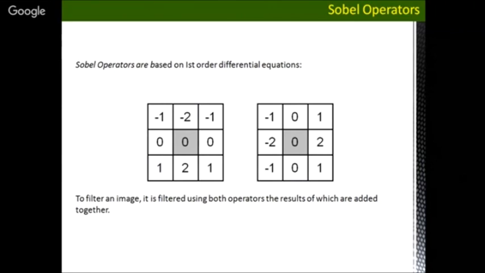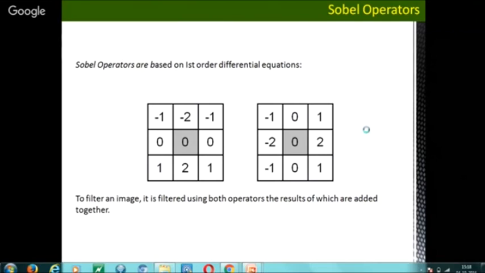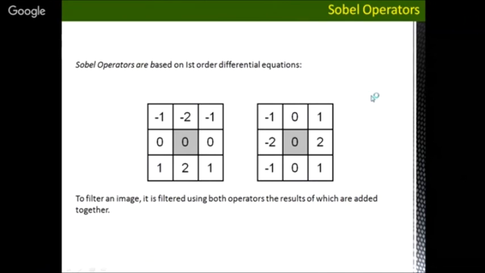So put together, if you join the outputs of these, the output of filter A, you can call it the Sobel operator in the vertical direction, and the Sobel operator in the horizontal direction, and then join the outputs together. You can add them together. You can find the gradient angle also. You can find the edge direction. So this is called the Sobel operator for detecting edges in an image.